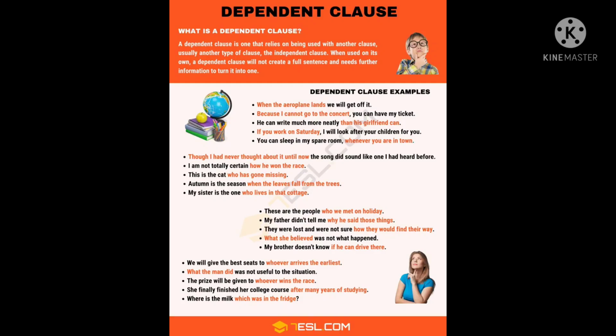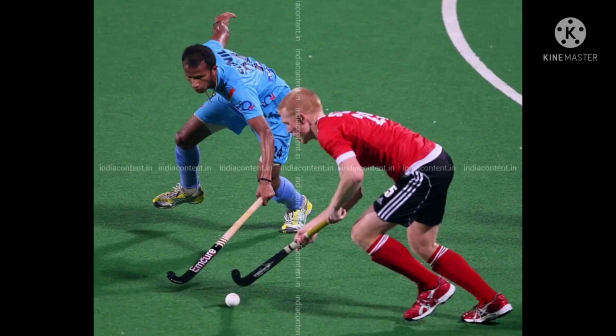Second clause is the dependent clause. The dependent clause is also known as the subordinate clause. As the name suggests, a clause which cannot stand alone as a complete meaningful sentence is called the dependent clause.